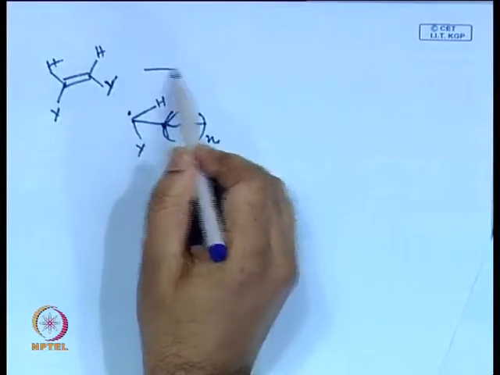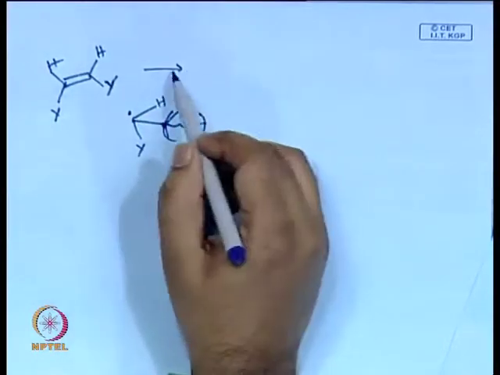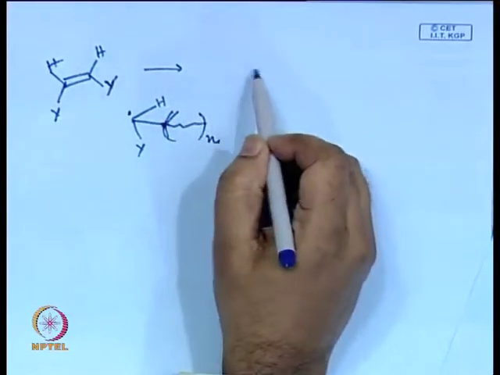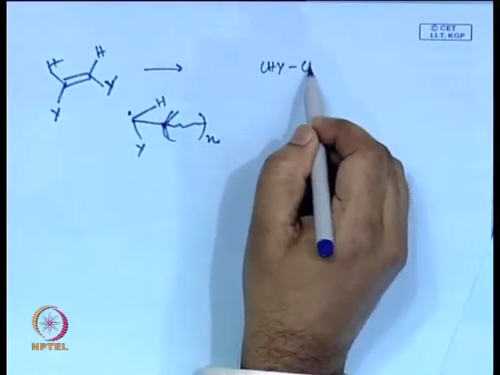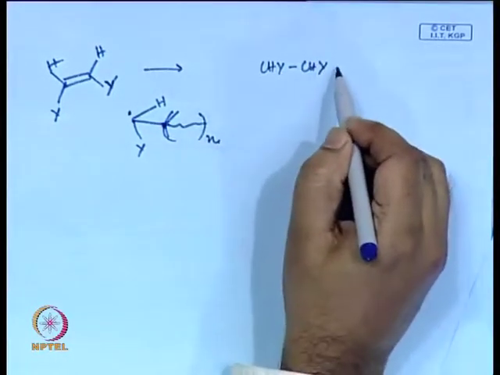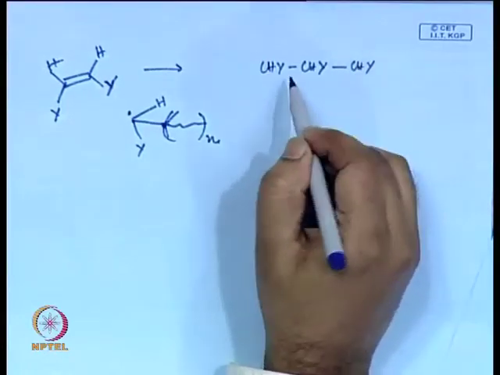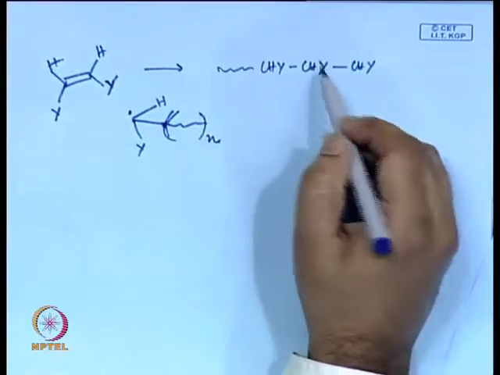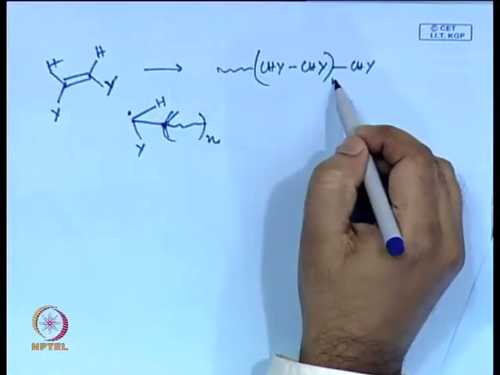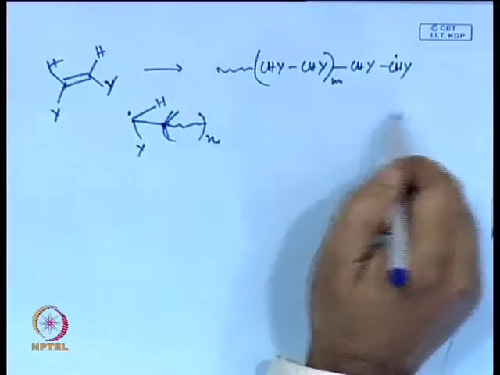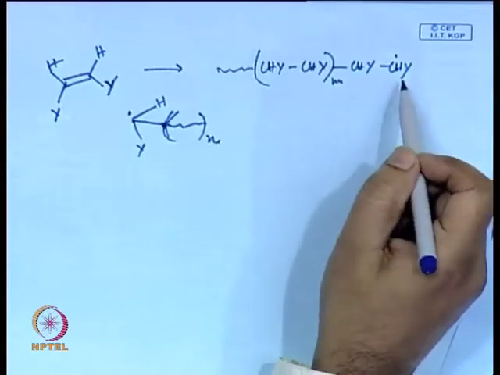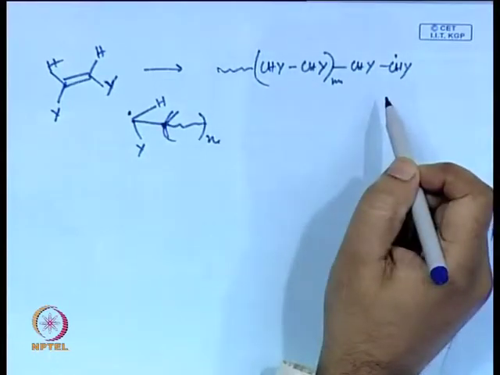What is the radical it generates when it propagates? At the end, it is basically CH2Y, CH2, CHY, CHY and so on. This is the radical that gets generated. Okay, this is the propagating radical.